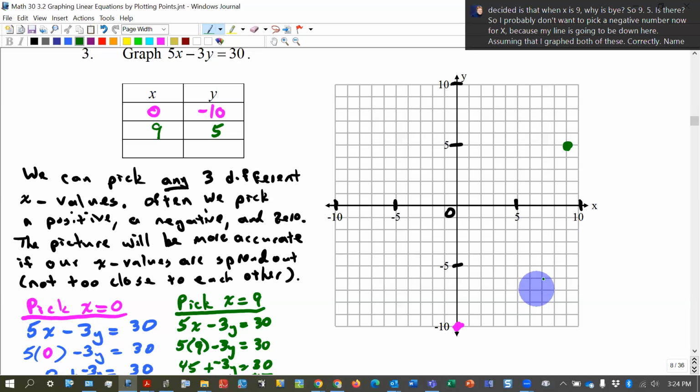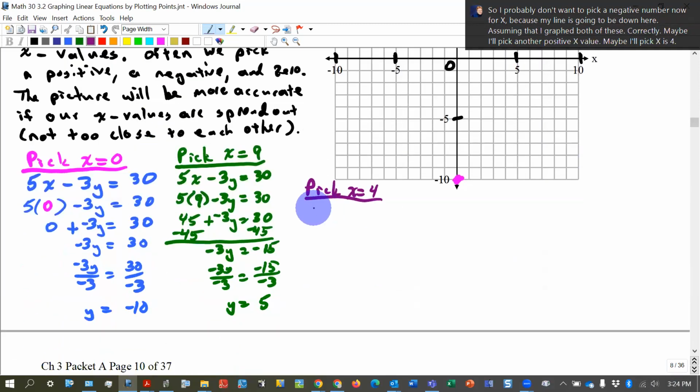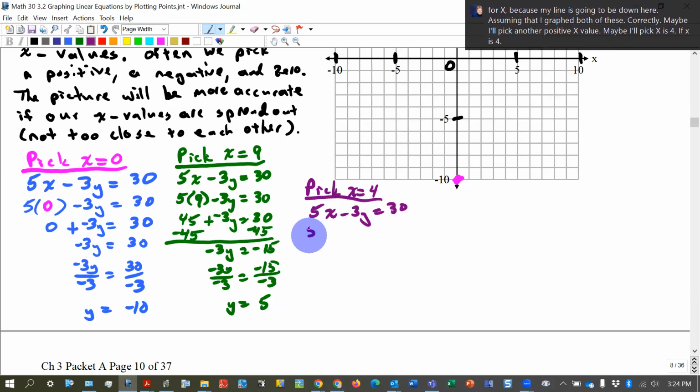Maybe I'll pick another positive x value. Maybe I'll pick x is 4. If x is 4, then my equation is 5 times 4 plus negative 3y equals 30.